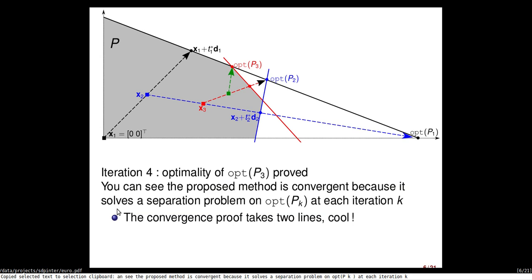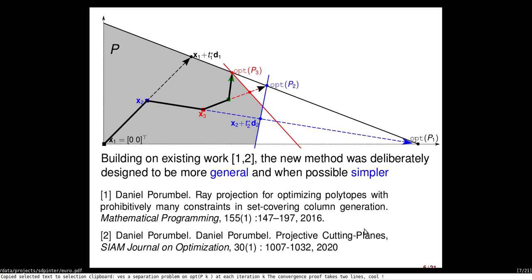What I like about this proof is that it takes only 2 lines. Many people try to use longer proofs in this kind of work so as to show they are clever and smart, but actually the method was designed to be as simple as possible so as to avoid complicated proofs.